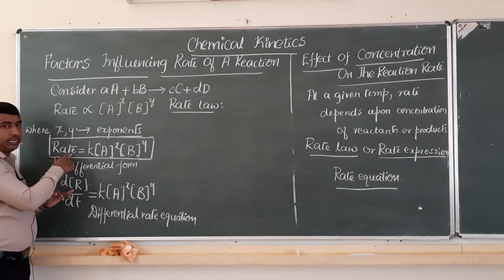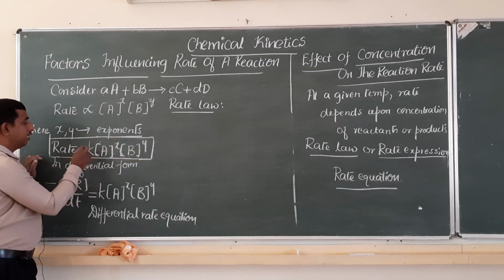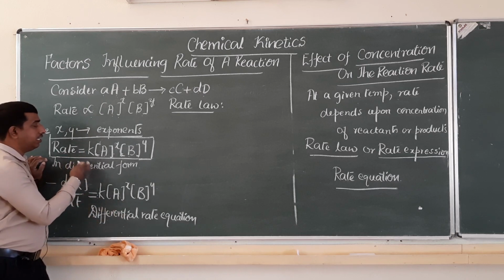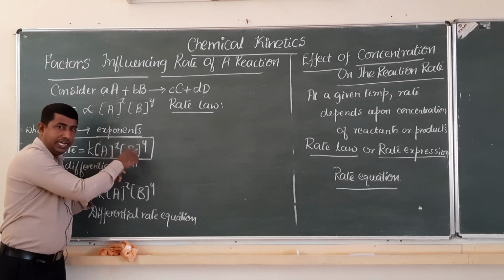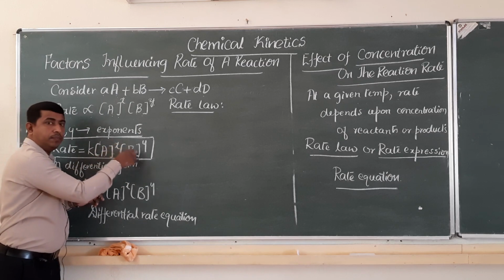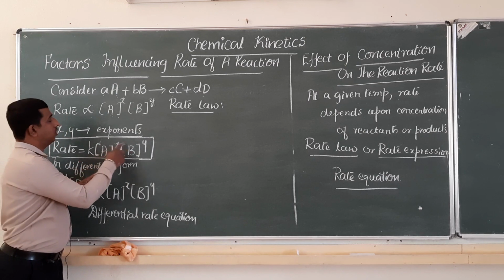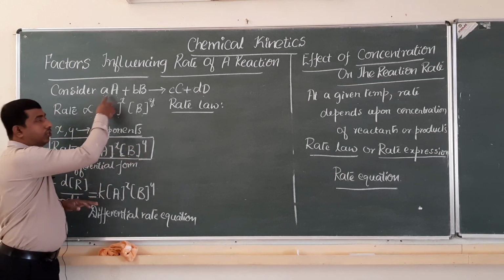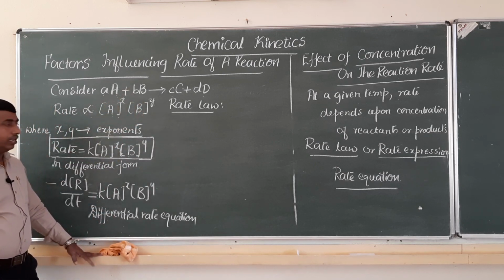Repeat. What is rate law? Rate law is an expression in which reaction rate is given in terms of concentrations of the reactants, with each concentration term raised to some power, which may or may not be equal to the stoichiometric coefficient present in a balanced chemical equation.